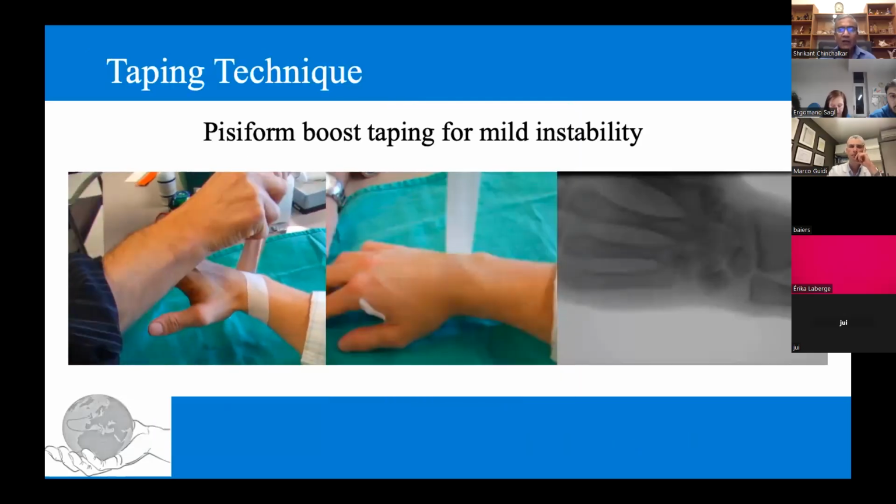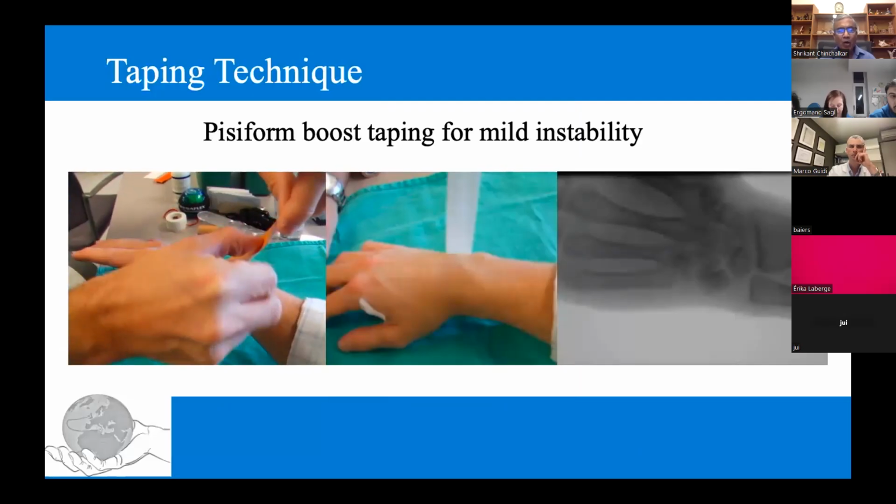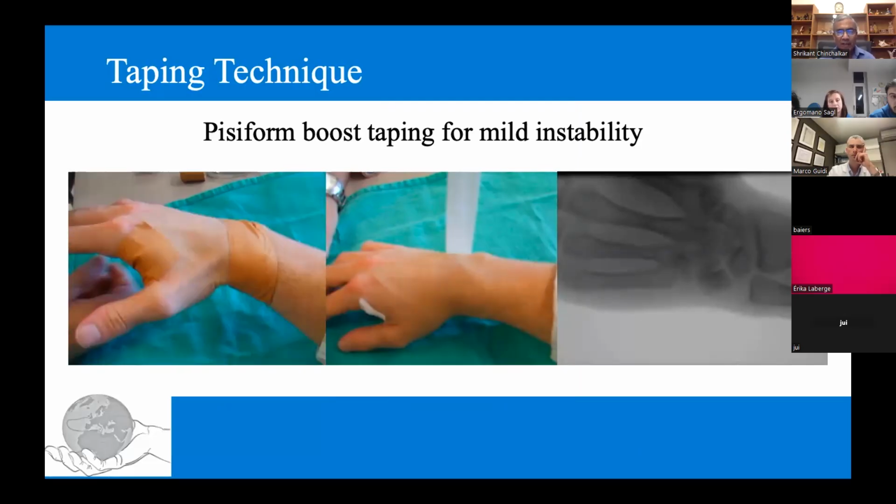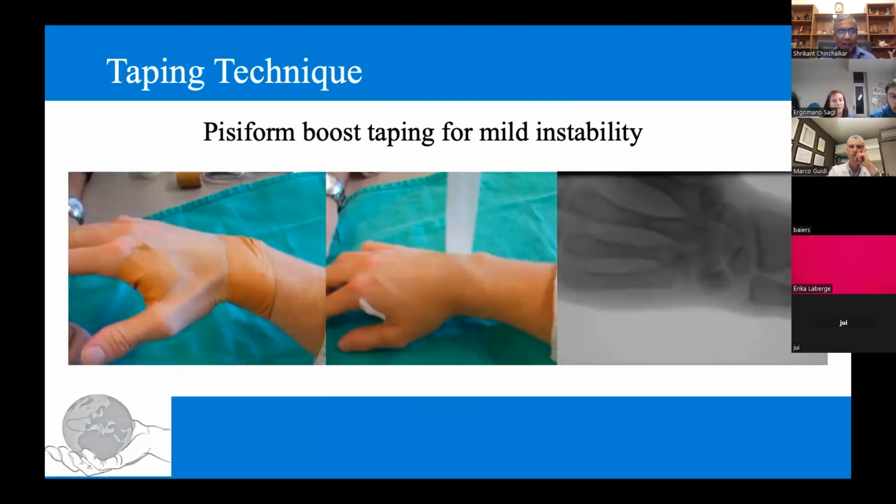So starting off with the rigid splint, we'll then go on to using a VISI form boost taping technique. Now, this is always initiated with the forearm in a supinated position. This is based on our fluoroscopic examination that when the forearm is in a supinated position, then there is no clunk.